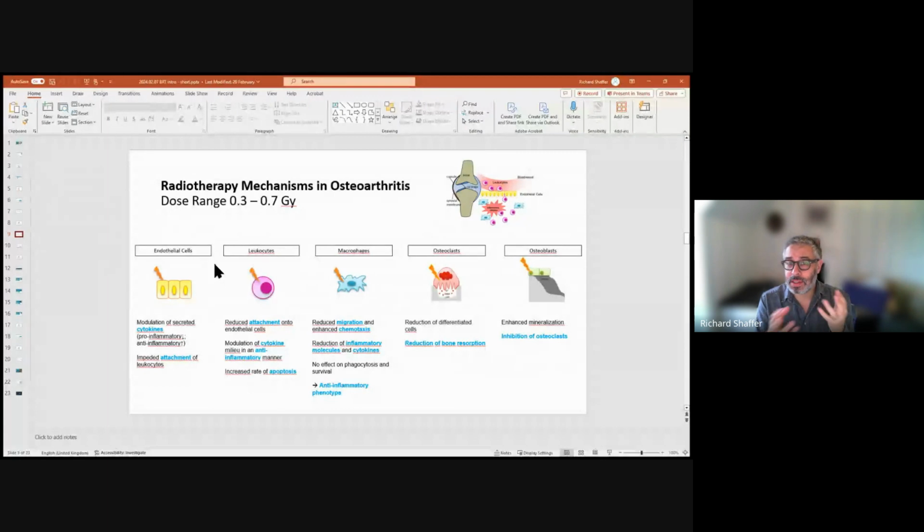It modulates the secreted cytokines. It makes the macrophages into a less inflammatory type of macrophage. So that's the anti-inflammatory part. But it also has direct actions on the osteoclasts and the osteoblasts. It reduces bone resorption, and it induces mineralization of the bone. So there's quite a number of different actions that it has in osteoarthritis.